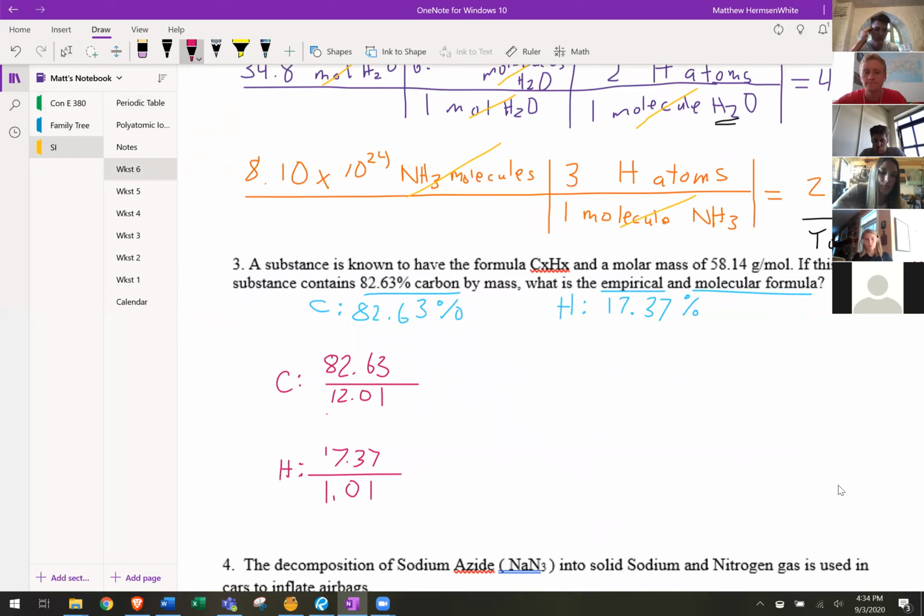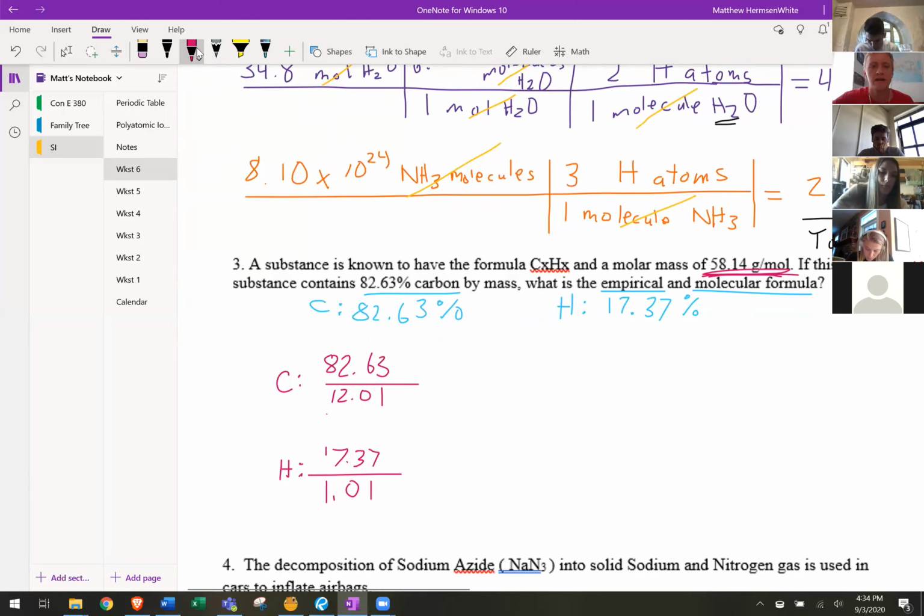Why wouldn't you do that? Does anyone know why you wouldn't divide by this one here? Because that's what the molar mass is supposed to be. Okay, I guess technically. Right, yep. So we're going to use that for finding the molecular formula.